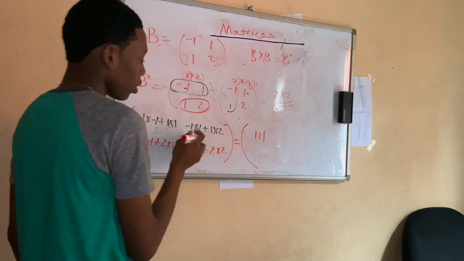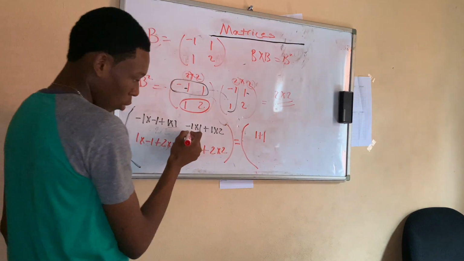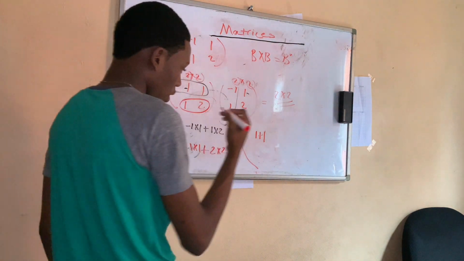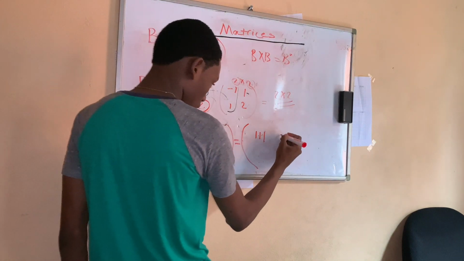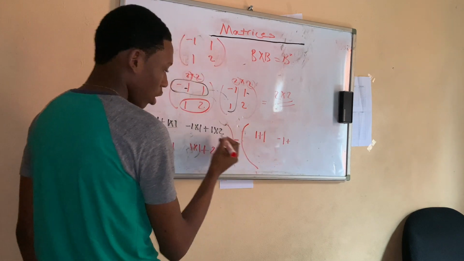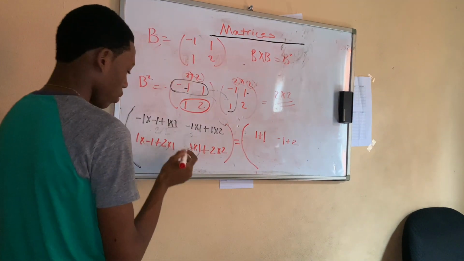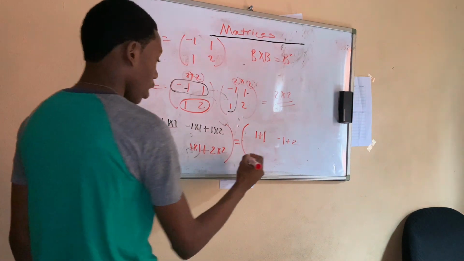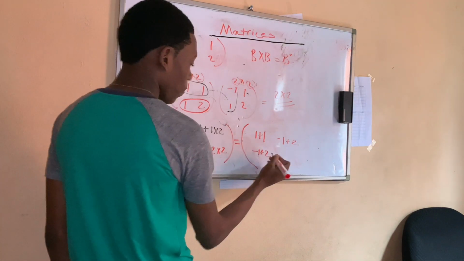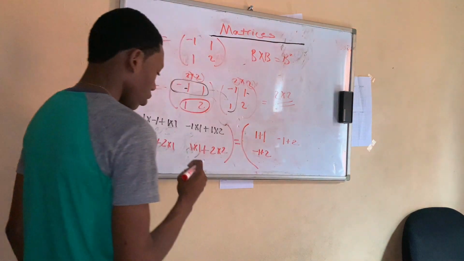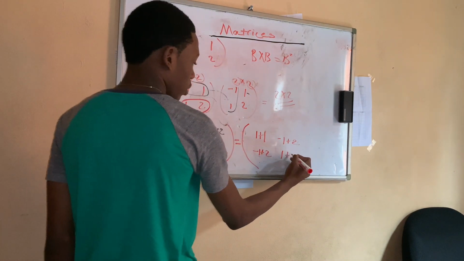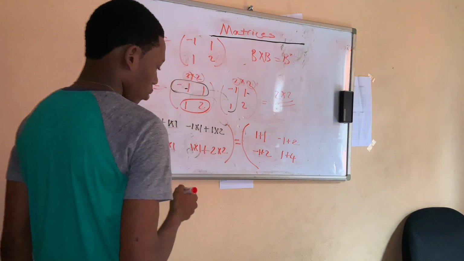Second column in the first row: negative 1 times 1 gives negative 1, plus 1 times 2 gives 2. The same with the second row: 1 times negative 1 gives negative 1, plus 2 times 1 gives 2. And then 1 times 1 gives 1, plus 2 times 2 gives 4.